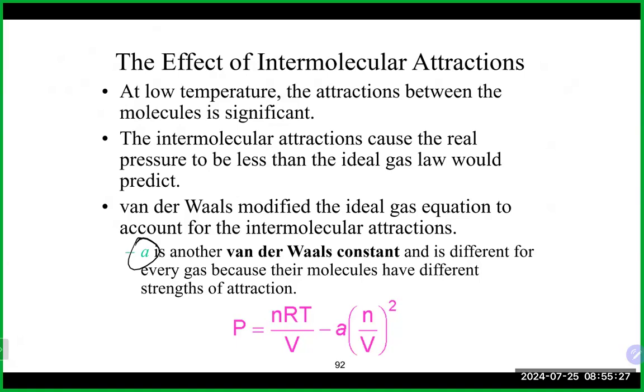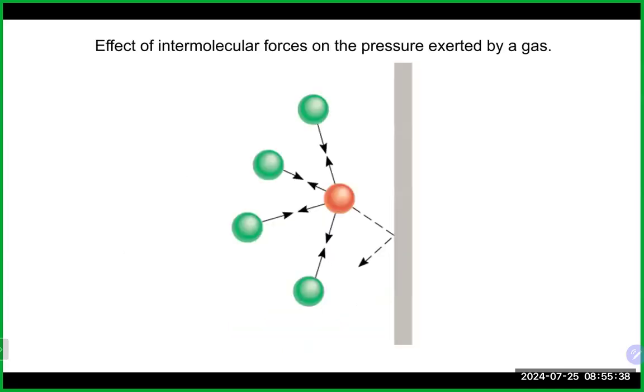Now, putting these together, this is what happens with the ideal gas law: it gets modified with these correction values for the specific gases you're dealing with. And that's what I was mentioning before. Obviously, this gas molecule, if it does experience attractive forces, is not going to hit the wall as hard, or it might even hit it harder if it is some repulsion type forces that it actually feels.